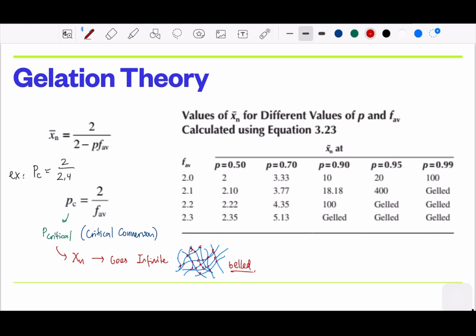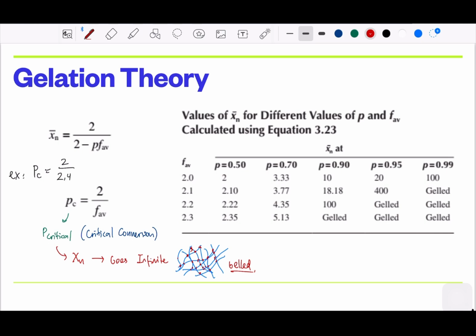If you see the calculations, this is F average, and this is the difference in the conversion, the P. If you see how it affects the polymerization, when it's 0.5, if we increase the F average, it doesn't necessarily increase anything.